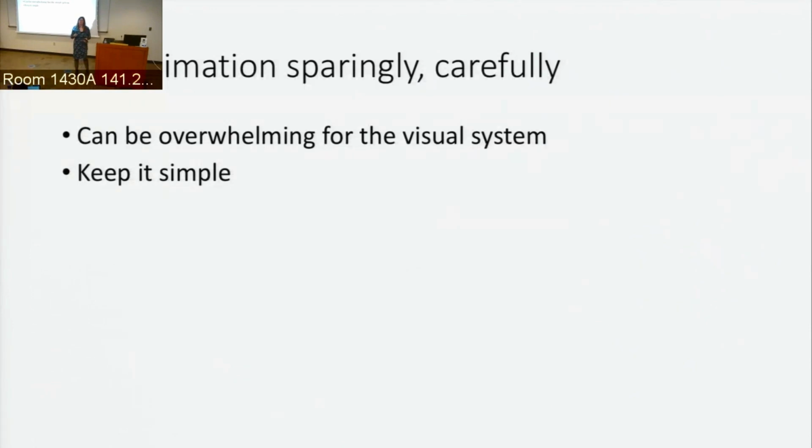Typically it's very difficult for people to understand or comprehend what's going on in a visualization when animation is involved. That said, it can be useful if you design it in an informative way and you're not overwhelming people. But generally, you want to keep it simple. So just animating one feature is probably enough.